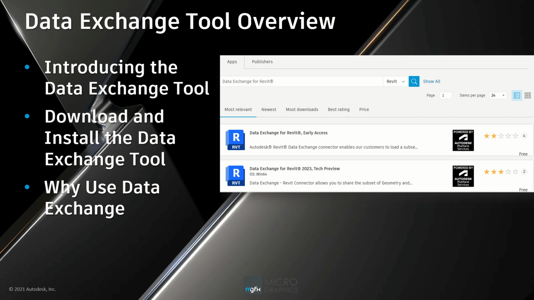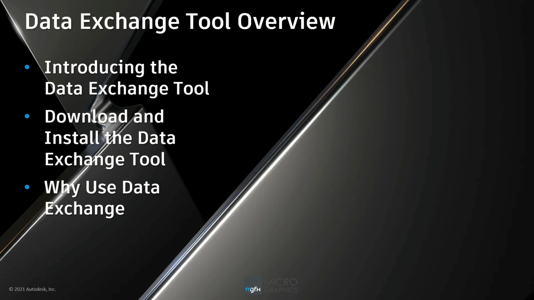Project continuity: even if team members are working on an older Revit version, they can access essential project data. This keeps everyone on the same page, avoiding project delays or miscommunication. In short, data exchange helps you maintain collaboration without needing every team member on the same Revit version.